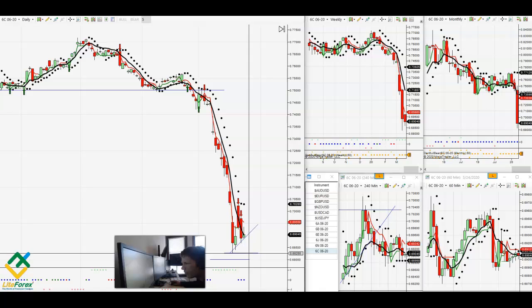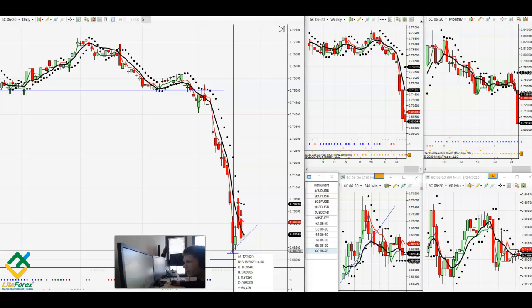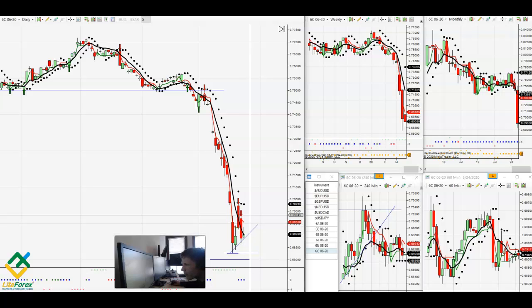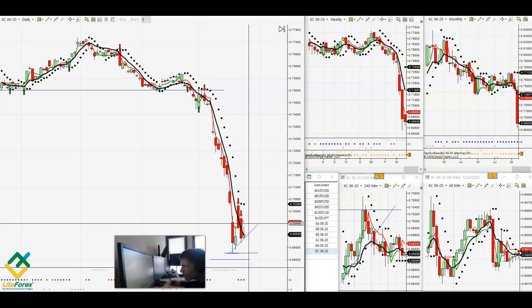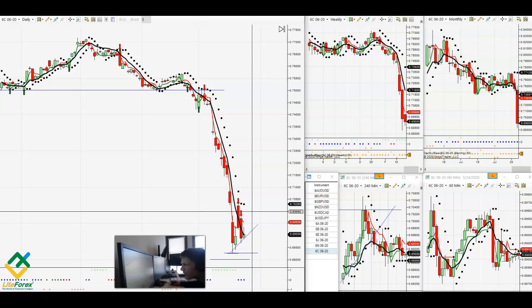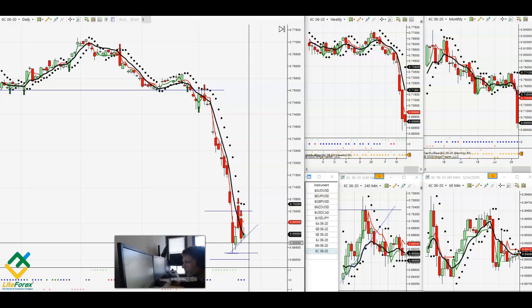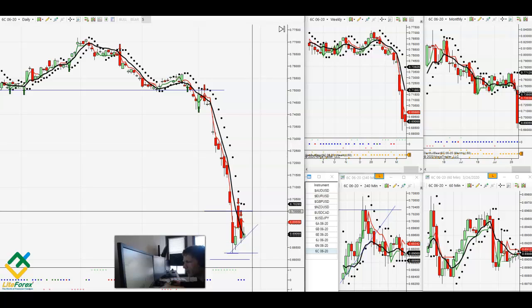Very important that it holds the low 0.68290 made on the 18th of March. But right now, for this to turn around, you want to see it break above 70, which would be very, very important right now to bust through. That's a ways away. Of course, if the Canadian dollar starts breaking out to the upside, it's going to send the USD CAD the other way.